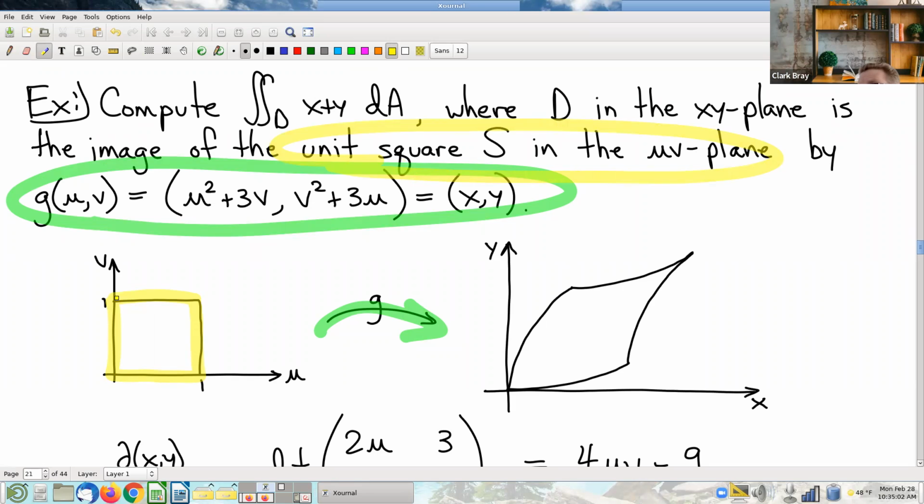We'll talk about how to make choices for g pretty soon. But if I plug into that given function, then what comes out? Well, I get, as it turns out, a shape that looks kind of like this.